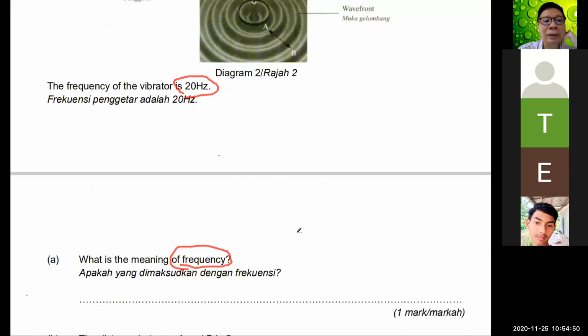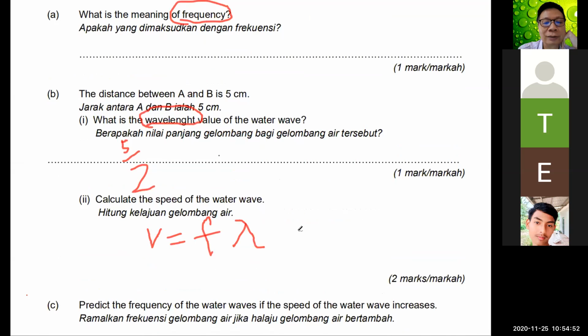Frequency is given, 20 hertz. Lambda, please change to meter. If you don't want to change it, okay, but leave your answer in cm per second. So frequency is 20 hertz. Lambda just now was 2.5 cm. I leave it as cm.